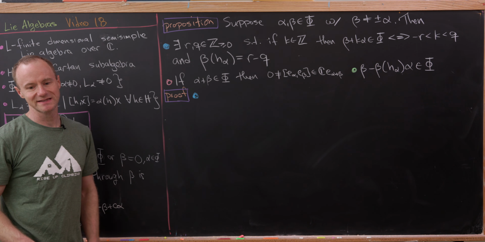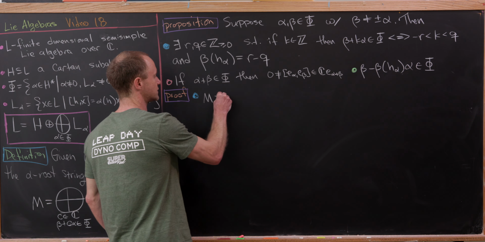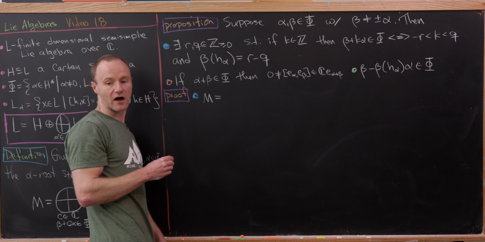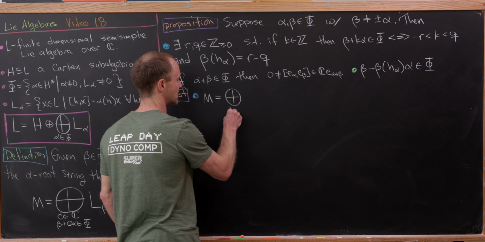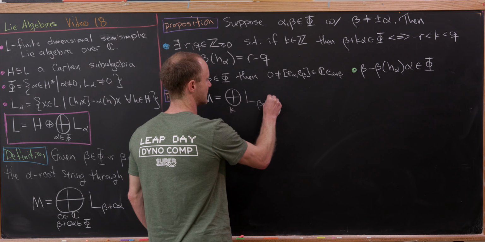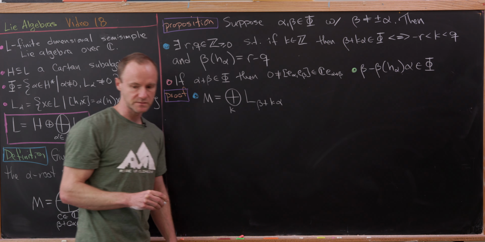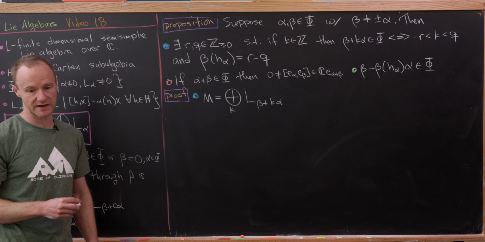Okay, so let's get into it. So we're going to first consider the root string of alpha through beta. So let's write it like this. We've got the sum over all k of L sub beta plus k alpha. So in other words, like I said, this is the root string of alpha through beta.